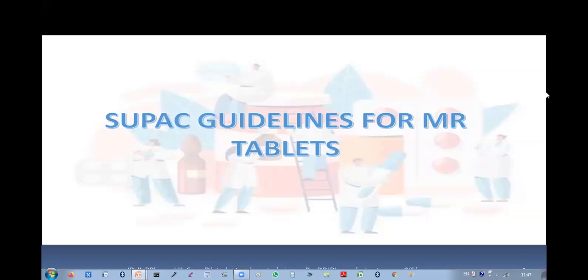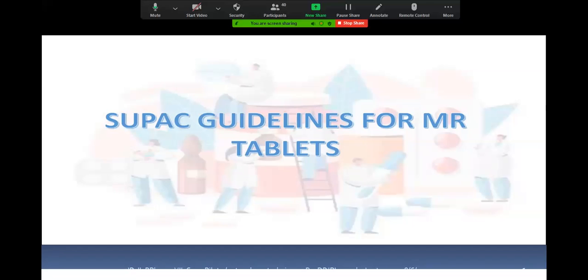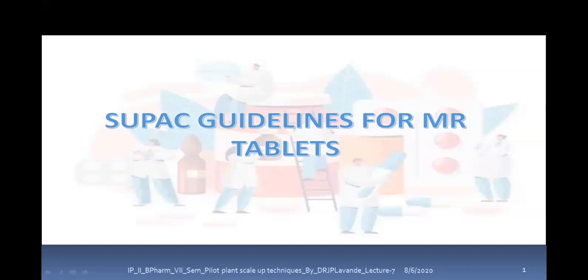Whatever the change to be carried out, for those changes the product has to go through the guidelines given by the FDA, Food and Drug Administration, and these guidelines are called SUPAC guidelines.